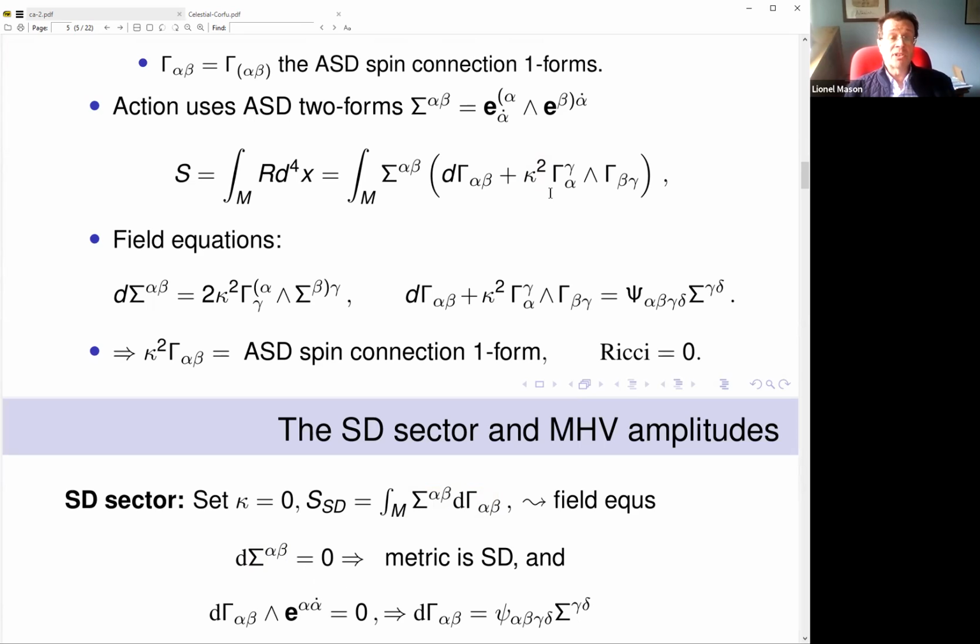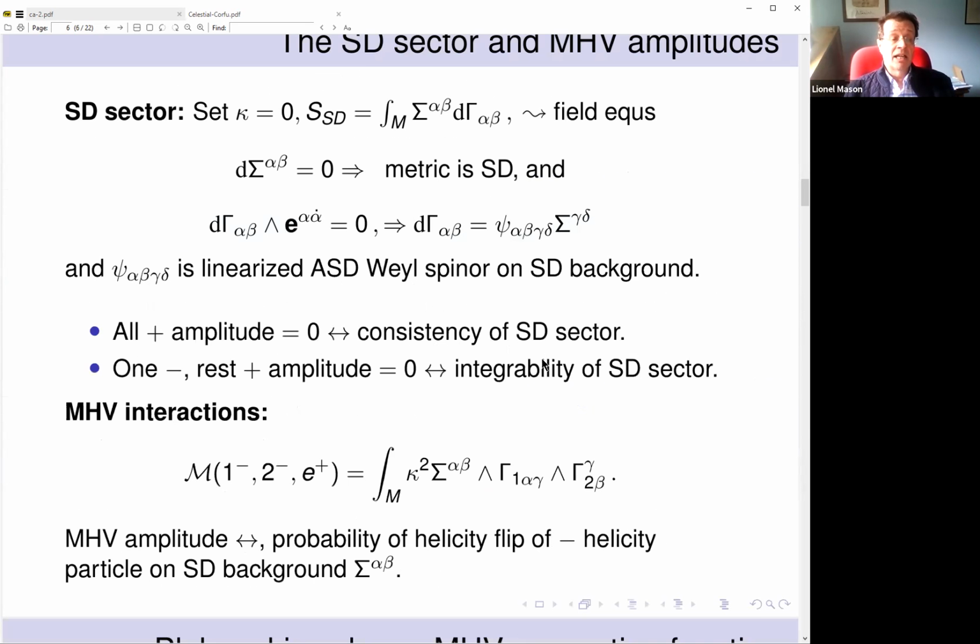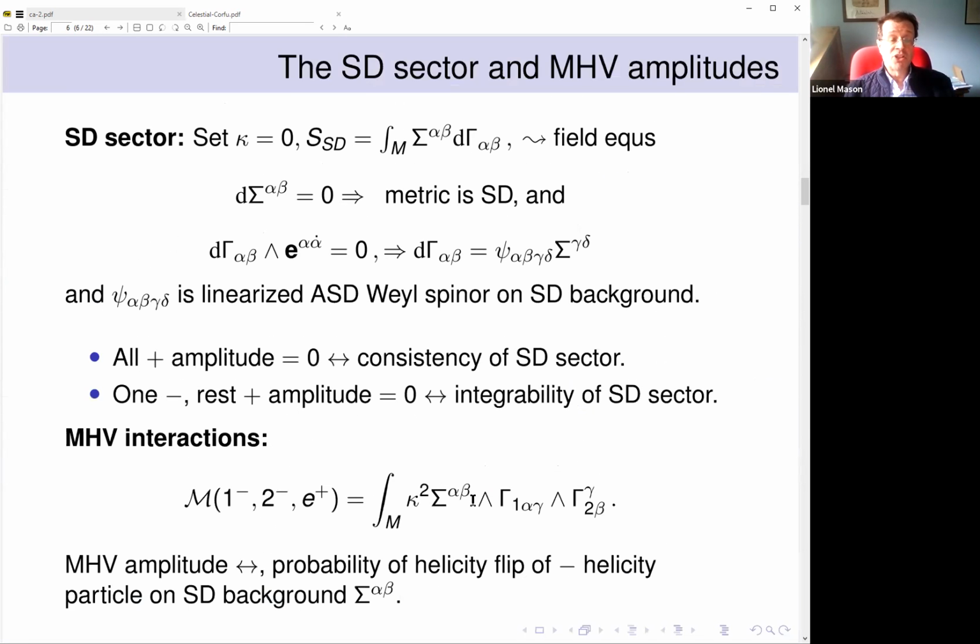And then if you want to reconstruct the full gravity, you need to throw in this extra interaction term. And that interaction term naturally gives you a generating function for the MHV amplitudes. These two are anti-self-dual, and so that's the minus minus in here, and there are linear fields on the background, and sigma is the self-dual background field, and this E plus is a functional in the sense that if you expand this self-dual field in terms of lots of little gravitons, you'll get the MHV amplitude.